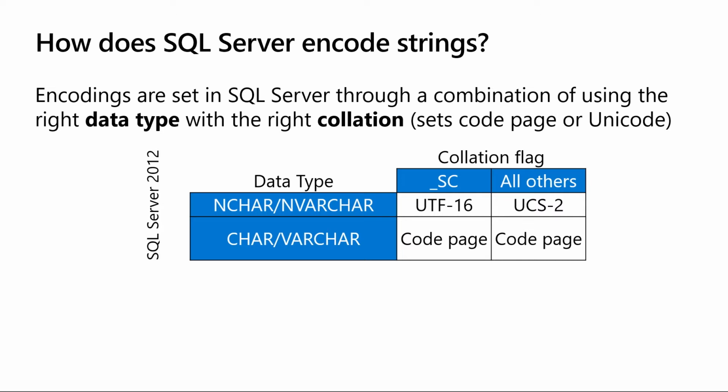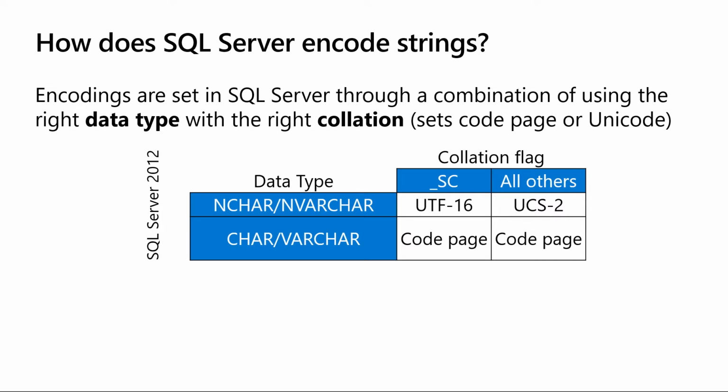As you see here, in SQL 2012, we introduced the concept of supplementary character collations, the suffix _SC. A collation that has that flag is signaling to the engine that if I'm using this collation with this data type, in this case nchar and nvarchar, you will encode in UTF-16. If you are using any other collation that is not compatible with supplementary characters, then you are encoding in UCS2.